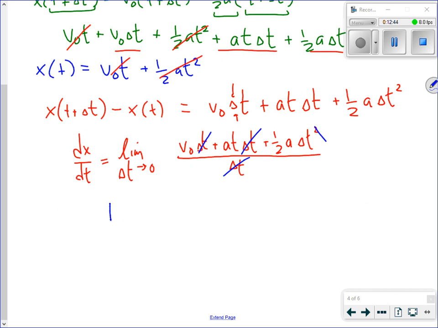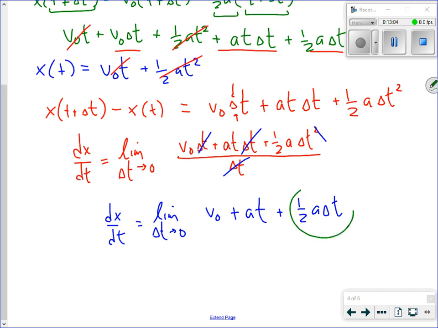And we have that dx/dt is the limit as delta t approaches 0 of v naught plus a t plus 1/2 a delta t.